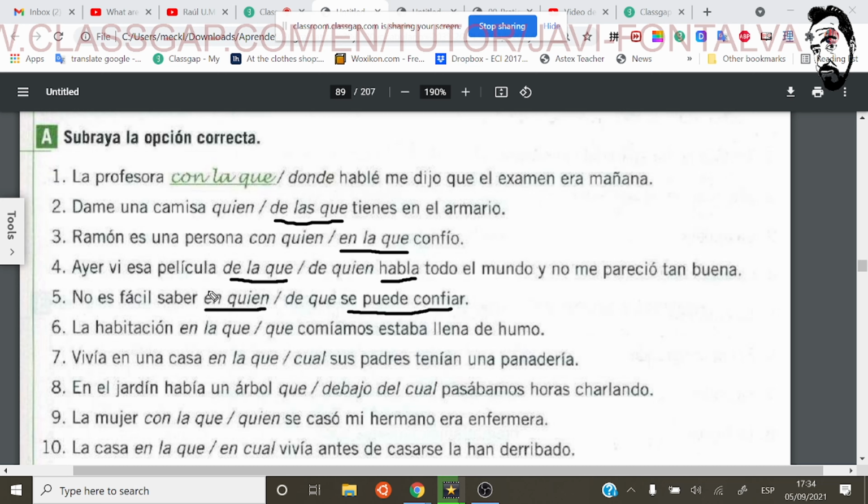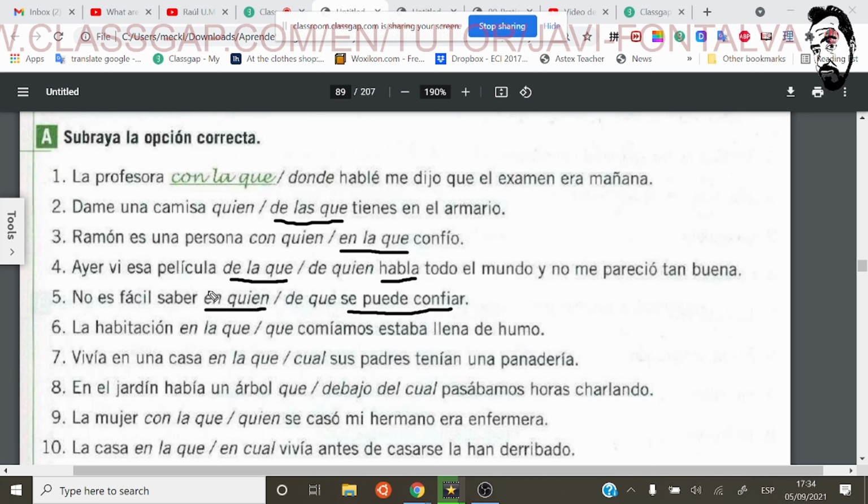No, this is habitación. A place. So that's the key. So la habitación, the place that... In English you said the room where.